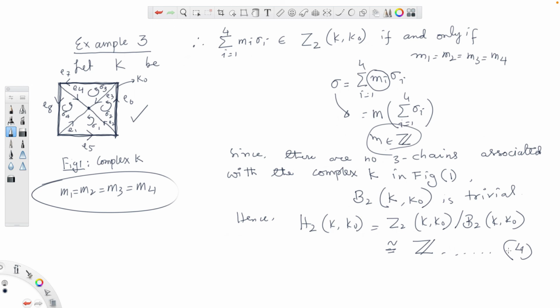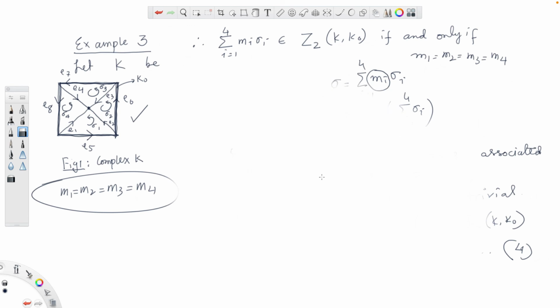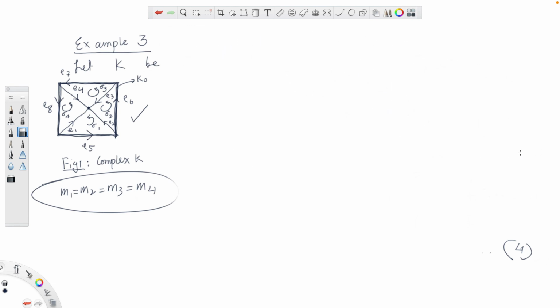Okay. Now, what's the story of the relative 1 cycles and relative 1 boundaries in this case?